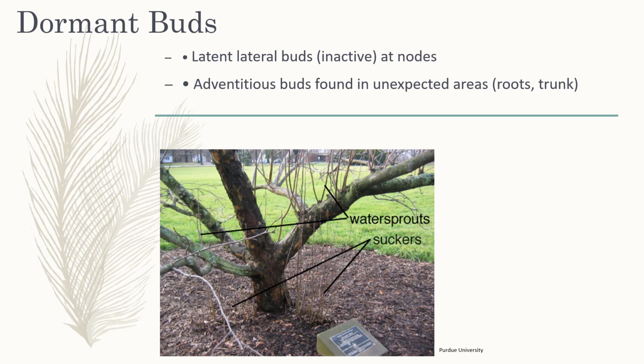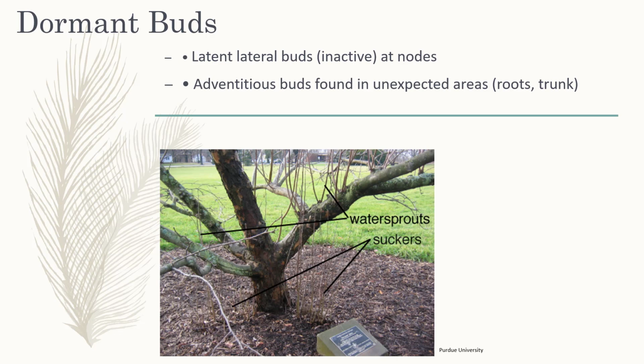So the apical buds in a tree structure produce auxins, that's a hormone, that are actively translocated down the shoot. And if the growing tip's still there, the auxins flow and these lateral buds remain dormant. However, if you remove the growing point, the auxin production is interrupted, and that will cause the latent buds to bud out.